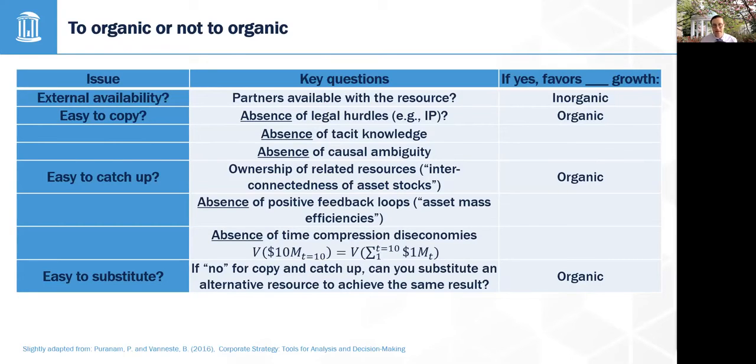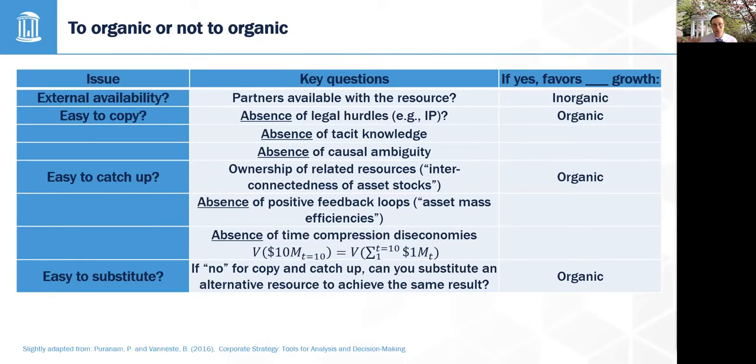So if you have compounding growth in a particular resource, being far behind the competition in that resource can make it difficult to catch up. Similarly, time compression diseconomies can make it difficult to catch up. Some things like trust or reputation or brand recognition are more easily developed over a longer period of time. So that can also make it difficult to catch up.